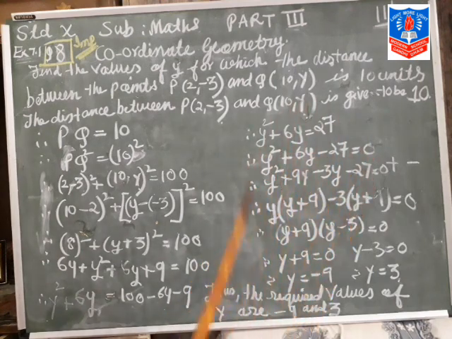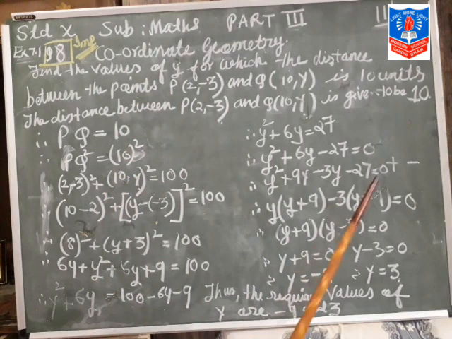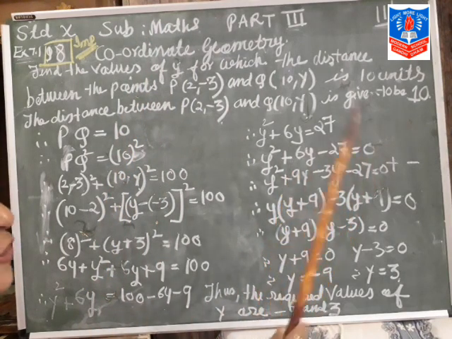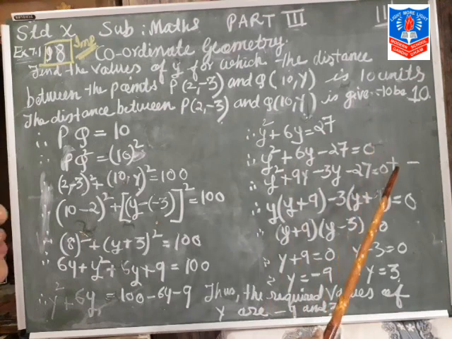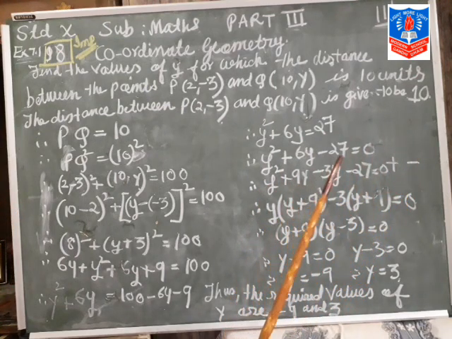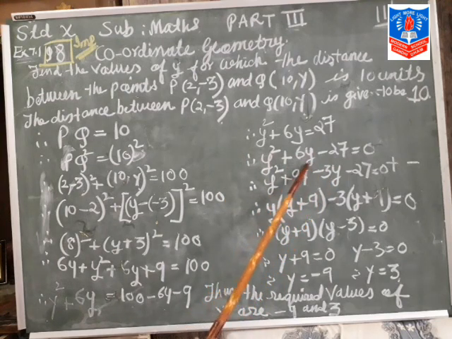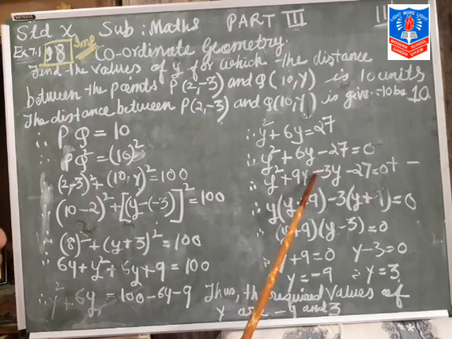We have to find the factors. Clear, children? Plus minus only we will get the factors. 9 threes are 27, plus 9y minus 3y, so the addition gives 6y and the product gives minus 27.